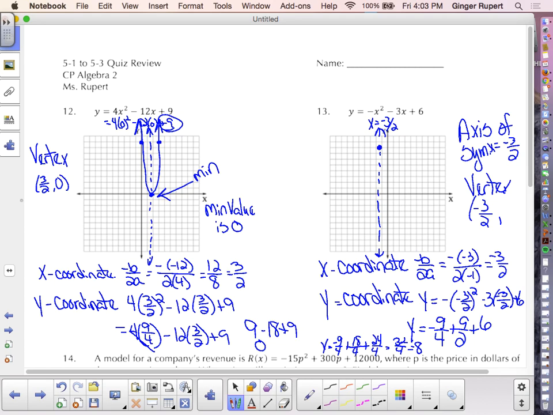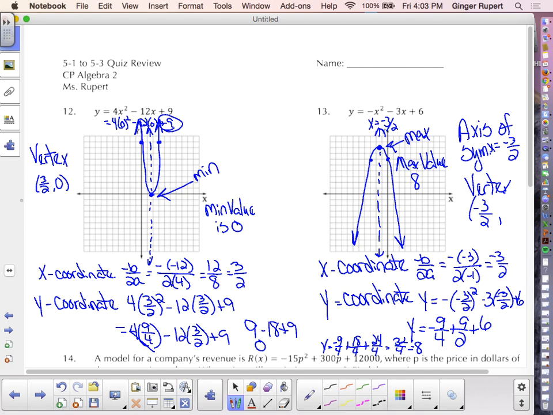Right here, I have a y-intercept at 6, one reflected across the axis of symmetry. You can go ahead and sketch that in. And I have a maximum, and my max value will be 8.